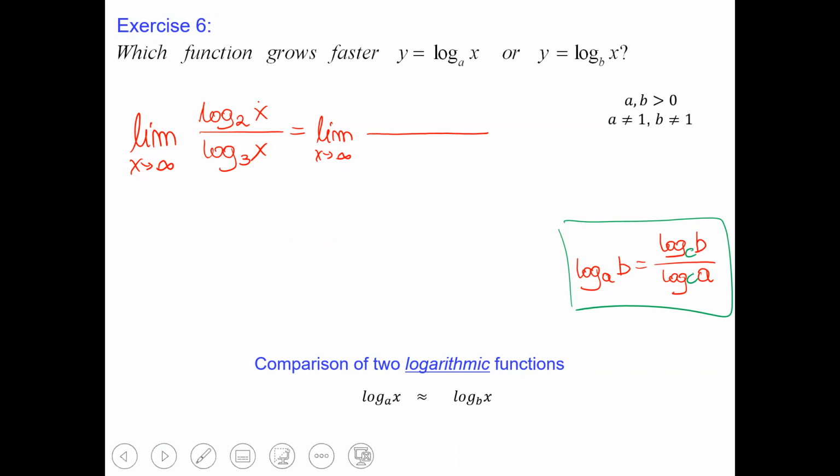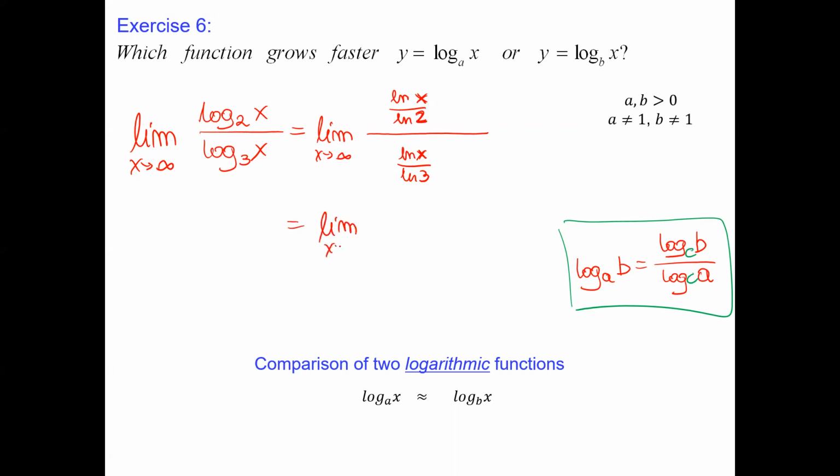Let's change. Log base 2 of x, I will change to ln of x over ln of 2. Log base 3 of x, I will change to ln of x over ln of 3. We can see x stays, 2 becomes the input; x stays, 3 becomes the input. And what is happening?